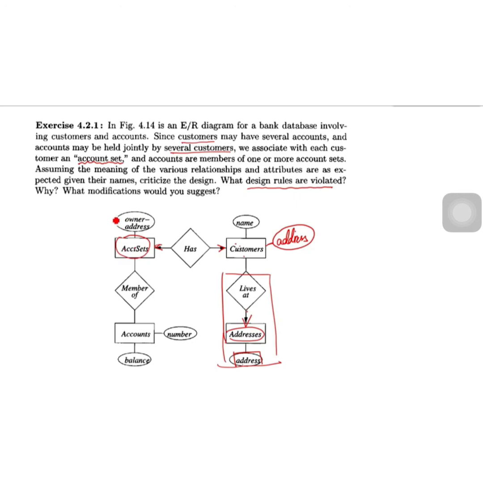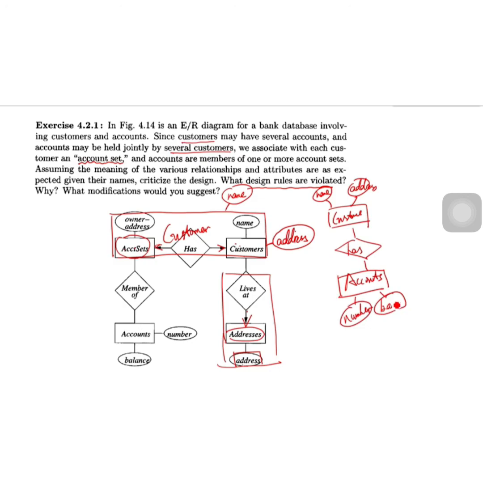We unite them with the customer name. It violates the simplicity counts rule, and now we'll get an ER diagram like this: customer name, address, and balance. Now it is a good design.